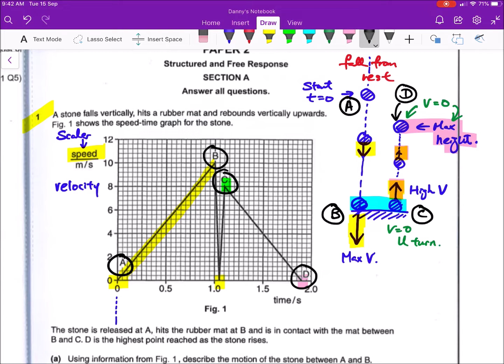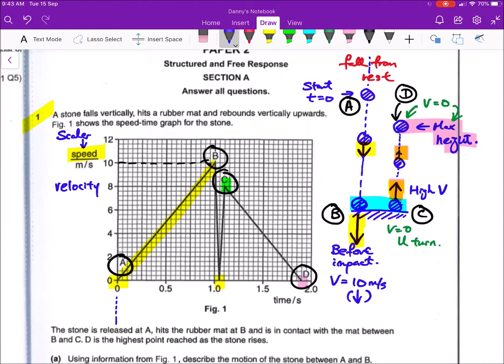Now we need to put in the numbers. So since now we know that B is right before impact, you can actually read the speed is actually 10. So now we know that this maximum V downward, this is before impact, your speed, or I just use the word V, it's easier. Your V is actually equals to 10 meter per second, and it is moving downwards because it's before impact, right?